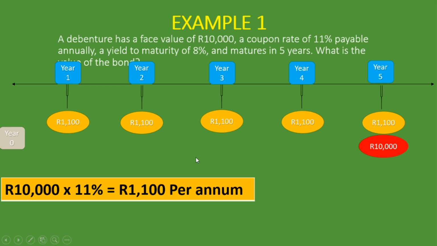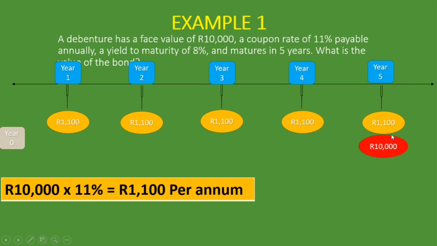So that's the first thing that we do. We calculate what the interest is, and then we note them down for the 5 years. Now, when we're calculating the market value of the debenture, what are we trying to do? We're trying to see what is the market value, what is the present value. Remember, these cash flows are going to be received in the future. Year 1 is 1 year from now, year 2 is 2 years from now, and so forth until year 5 is 5 years from now.